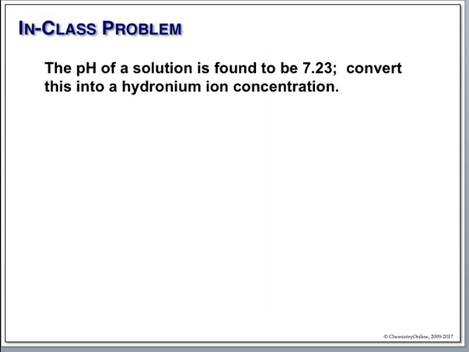All right. Take out your calculators and let's do this. I tell you that I have a solution that has a pH of 7.23. What is my hydronium ion concentration? Well, we remember the definition of pH is simply the negative log of hydronium.